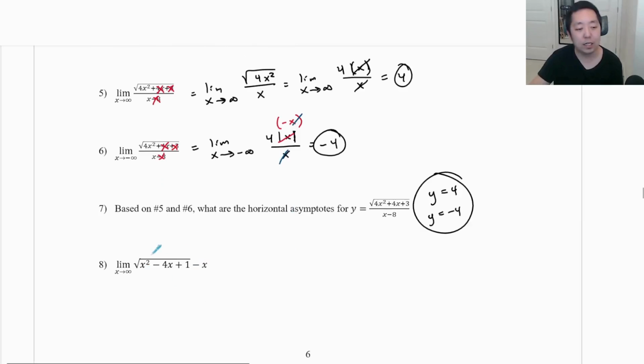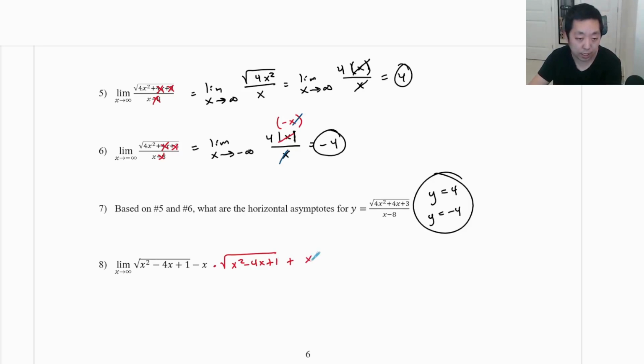What about a scenario where I can drop stuff out, but I'm subtracting 2 things here? Okay, so if I plug it in, it's kind of like infinity minus infinity, and I don't really like to handle that. I want to make it look more like a fraction. So the trick we're going to do here is our conjugate trick from the last section, and turn it into a fraction.